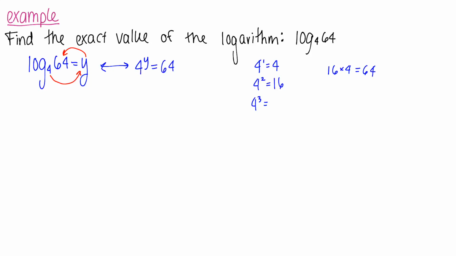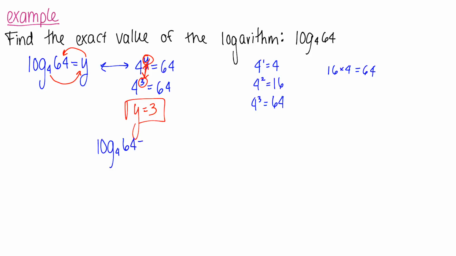I'll just tell you, it's 64. So 4 cubed is 64. So if 4 to the y is 64, that means that y has to be equal to 3. So y equals 3 isn't really what we're answering. We're saying log base 4 of 64 is equal to 3. 3 is the answer there.